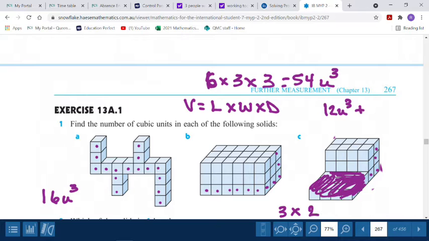It's 2 units deep, and it's 4 units wide, which gives me a total of what? 24 units what? Cubed. There you go. All right. And now, since I'm putting those two together, that just means add them like we did the composite shapes yesterday. So that gives me a total of 36 cubic units for this shape.